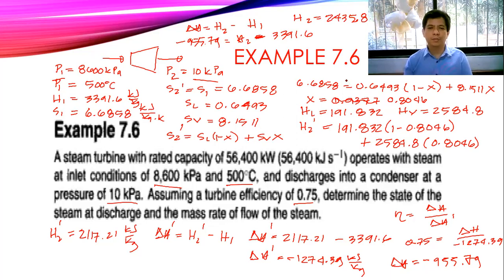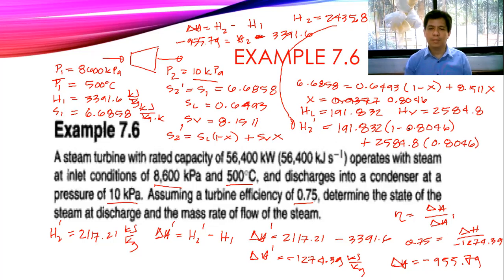So pag nakuha nyo na yung value ng H2, you can now calculate the quality. So basically parang ganito lamang equation niya, ano? You just substitute the H2 right here. Ito itong H2 na to. Same equation, quality equation. Ito yung sa 1 atmosphere, ano? So ito pa rin naman yung ating HL, ito pa rin yung HB.